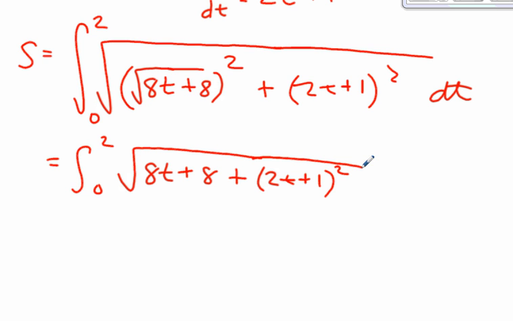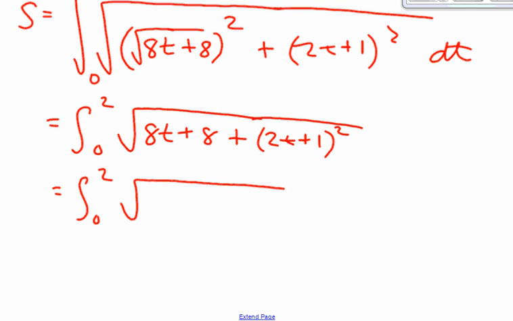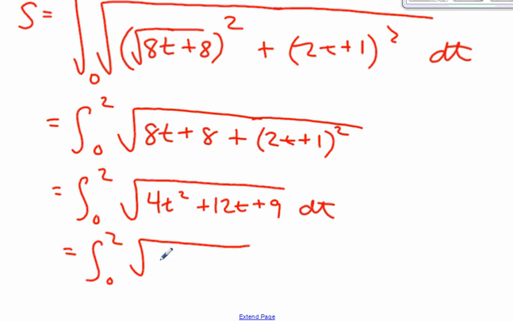And so what's going to happen is this will be something that you can integrate by hand. So when you distribute all of that out, you're going to end up getting 4t squared plus 12t plus 9, which is a perfect square. So that becomes (2t plus 3) squared.